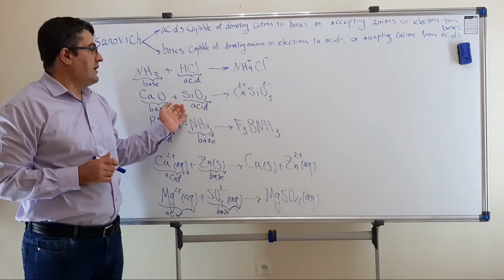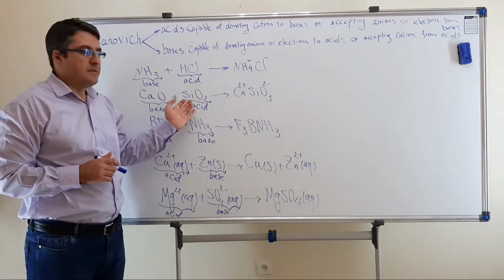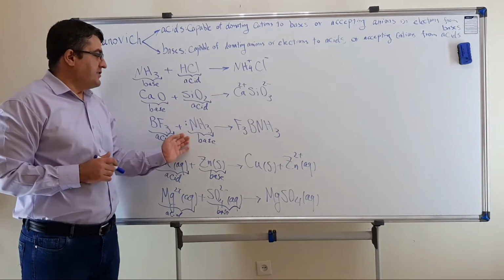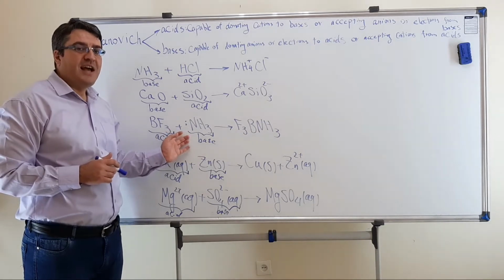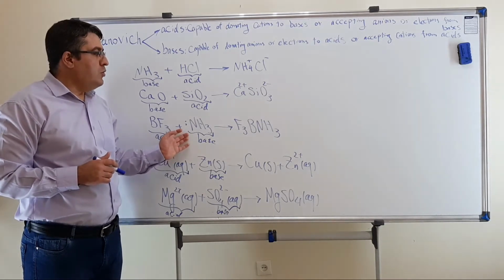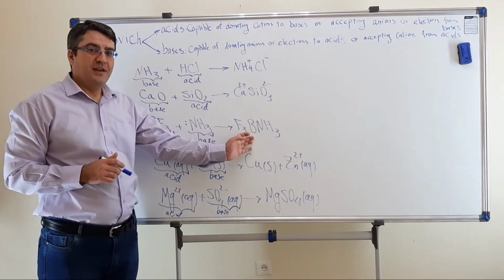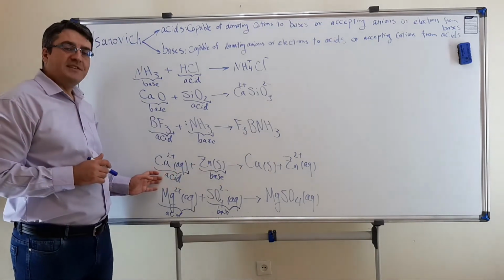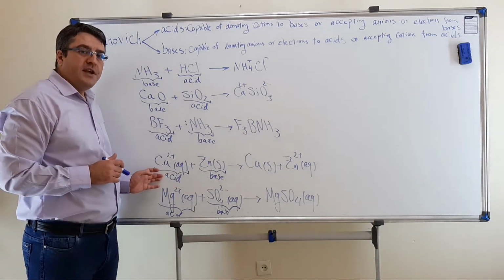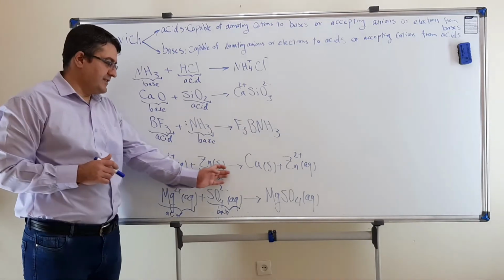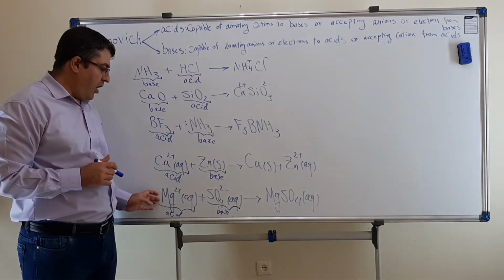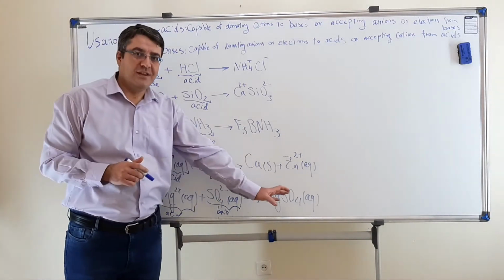This reaction is a Lux-Flood acid-base reaction. This reaction can be considered as an example of Lewis acid-base reaction. This is an example of oxidation-reduction or redox reactions. This is an ion association reaction.